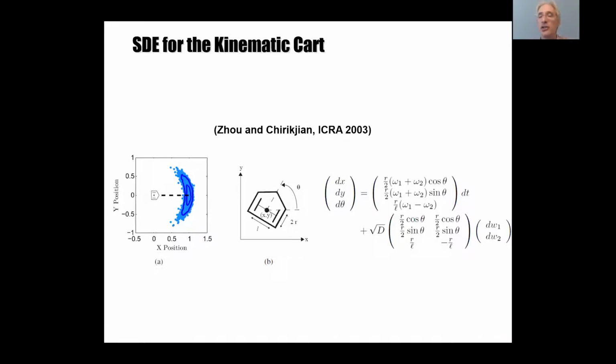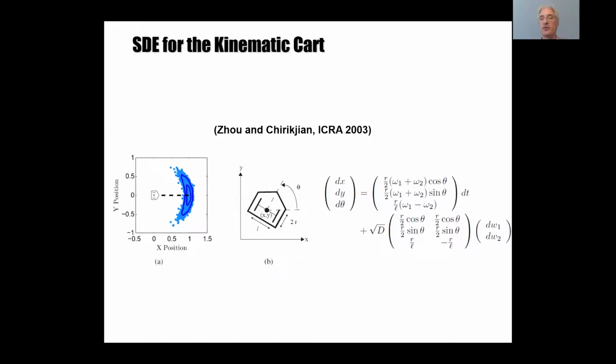The Ito correction terms are 0 in this example. Now, if you run these stochastic sample paths and track the XY position, marginalizing over theta, just keep track of X and Y, you get this thing over here, which people call the banana distribution, okay? Because it looks like a banana. So this is in the plane.